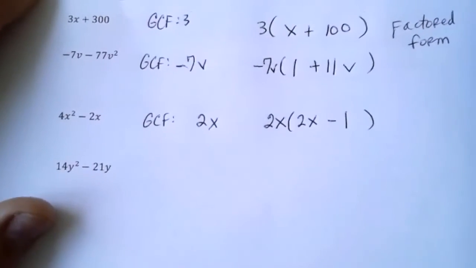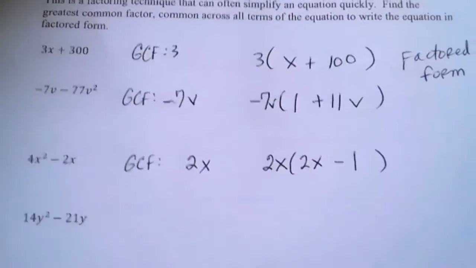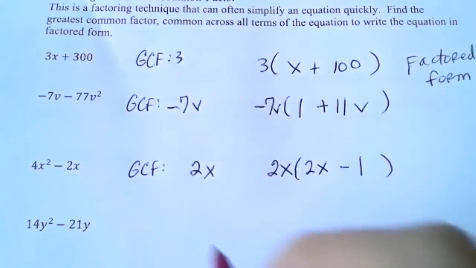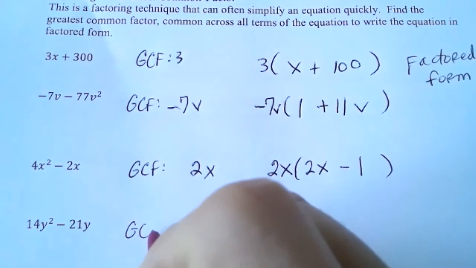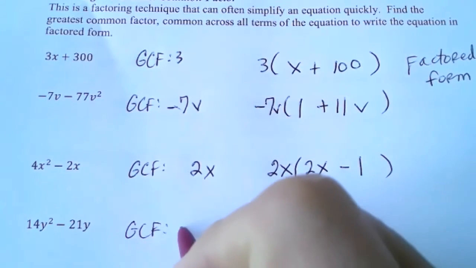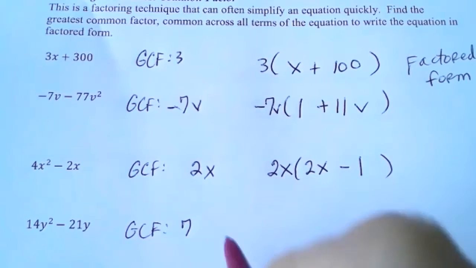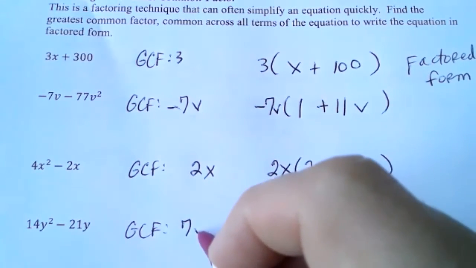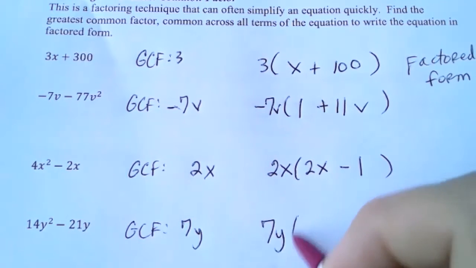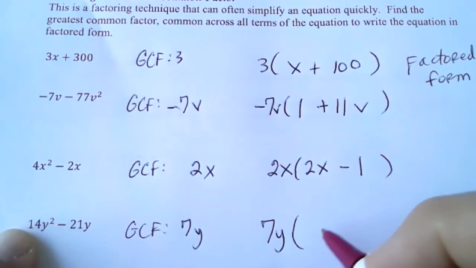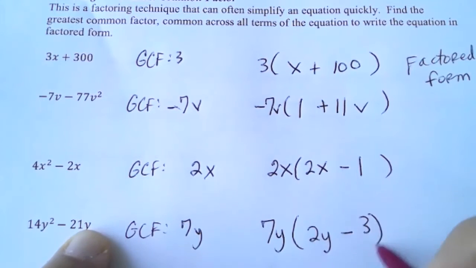All right, so let's go down to the next one, and let's see what we got here. So what do you think the GCF of 14 and 21 would be? That would be 7, and then we have a y on both terms, so we can pull out a y. So my GCF is 7y. I pull that out, and I'm left with 2y for the first term, minus 3 for the second term.